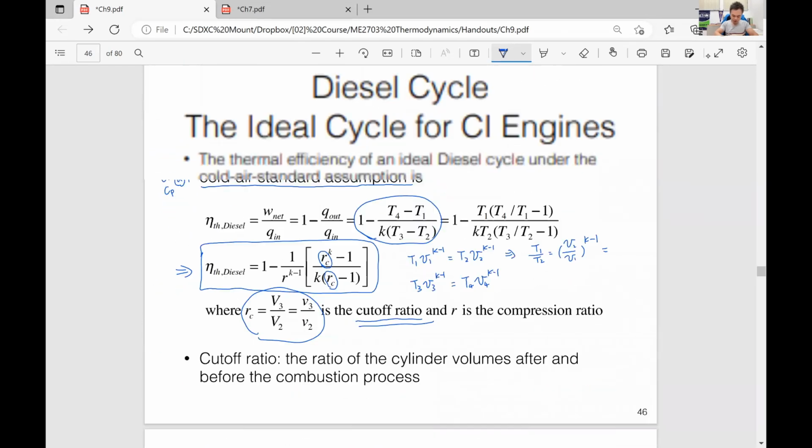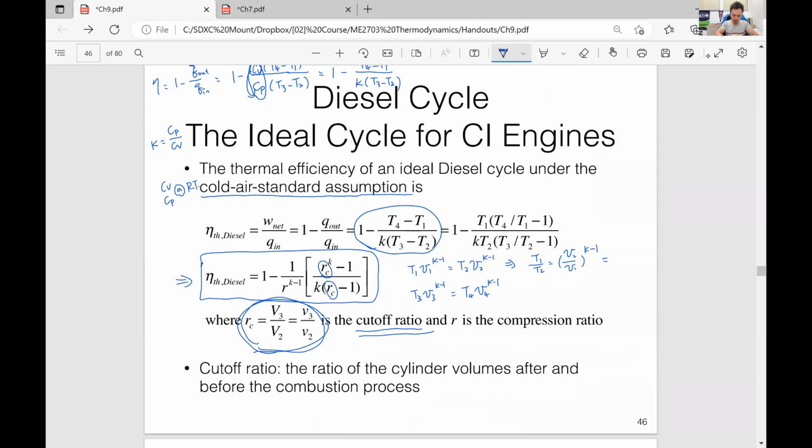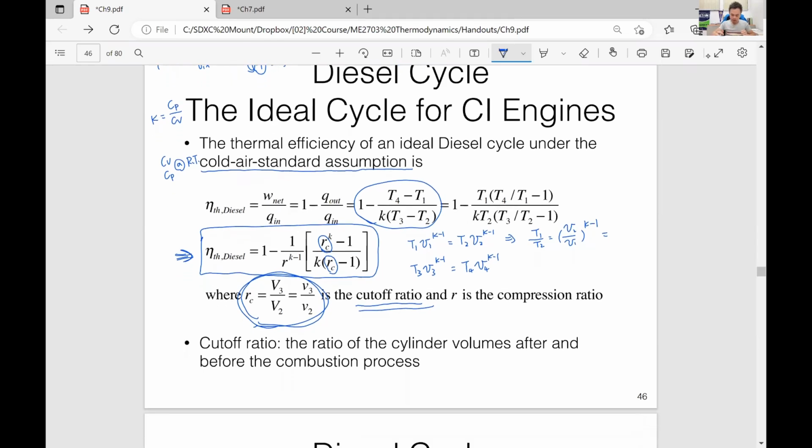Okay, it's V3 over V2. So the thermal efficiency of a diesel cycle can be written in terms of compression ratio, cutoff ratio, and specific heat ratio. Look at this.